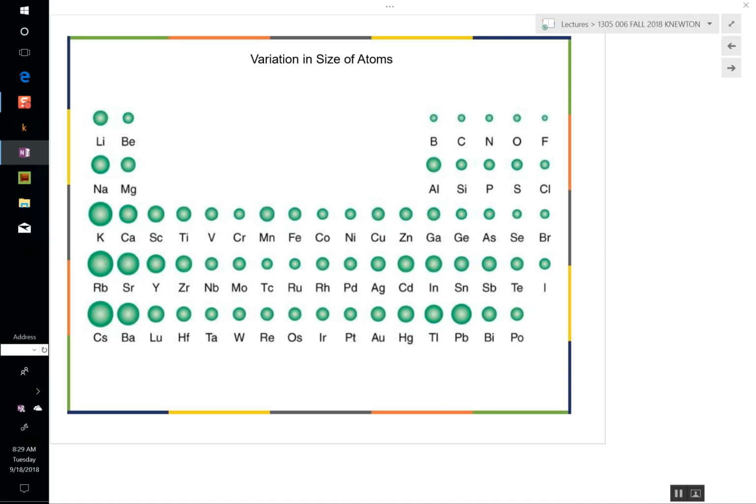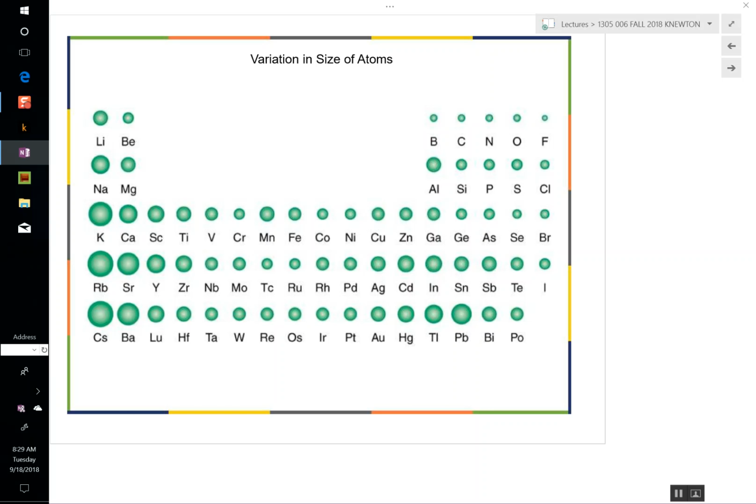Let's see if that's true over here with the halogens. Fluorine, chlorine, bromine, iodine. Getting bigger, right? Not as dramatically as the metals over there, but still getting bigger.